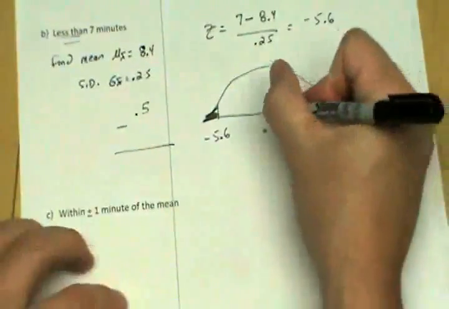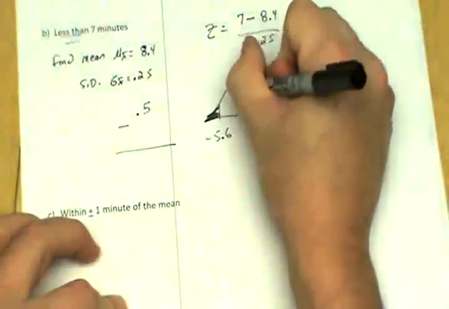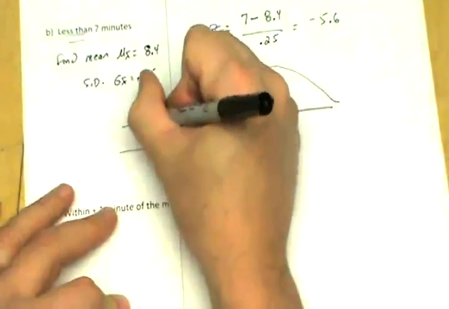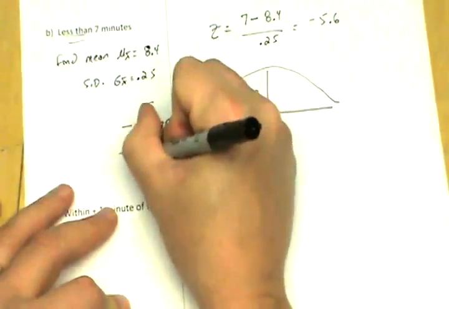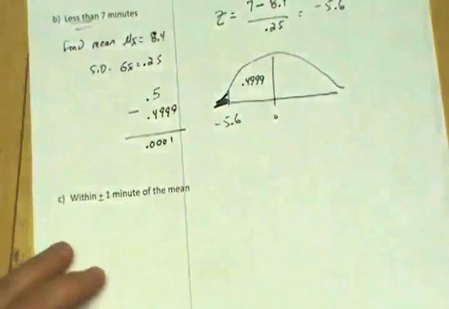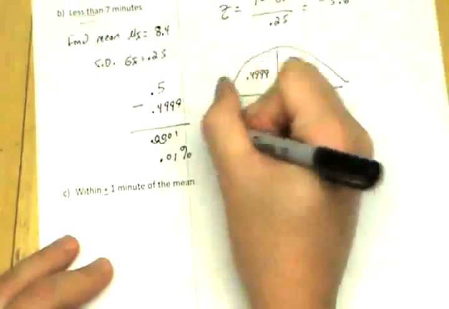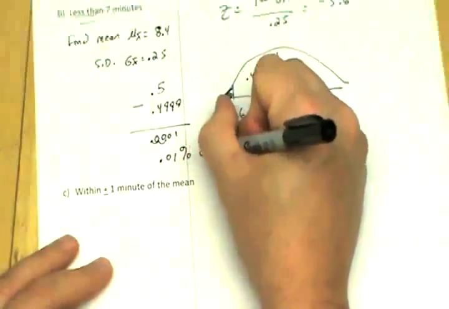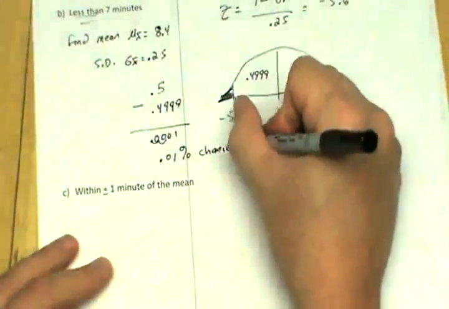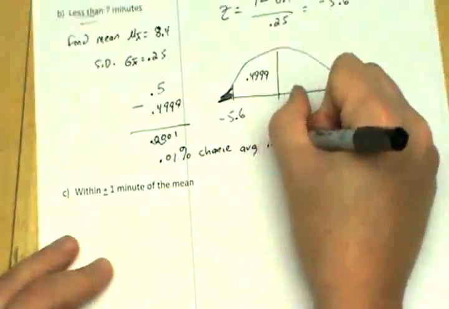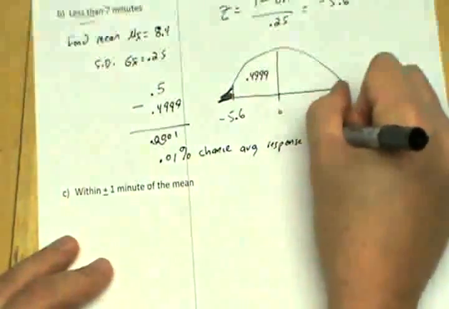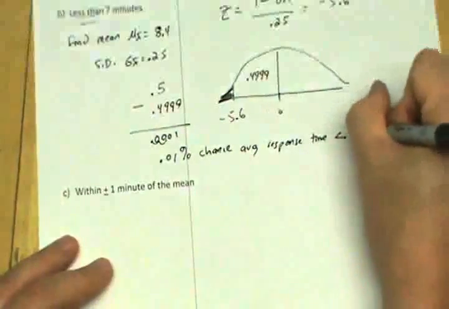And so here we go. 0.4999. So 0.0001 when we subtract, we move it over 2 decimal places. And there's a 0.01% chance, so it's very unlikely the average response time is less than 7 minutes.